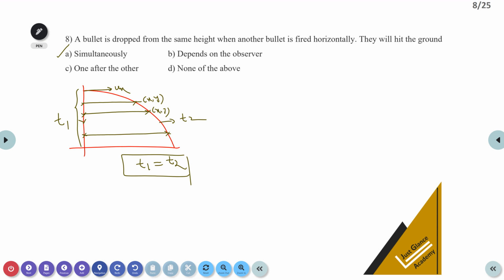One object is dropped freely through the window when the bus is at rest. Again, when the bus is in motion, you drop another object through the window and it reaches the ground in time T2. But T1 and T2 are the same, because the vertical distance between the window and the road is the same.